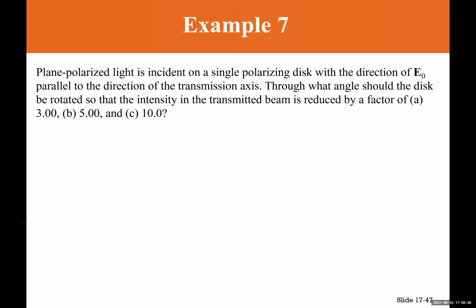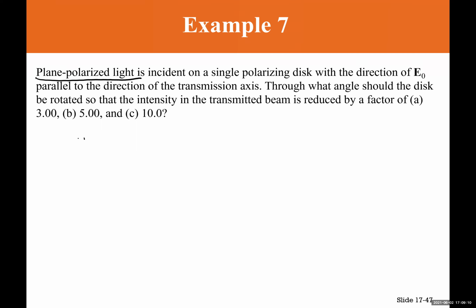All right, one thing we know here is that we already have a plane polarized light, and it's incident on a single polarizing disk, so you can think of it as circular. That means we're already dealing with polarized light.